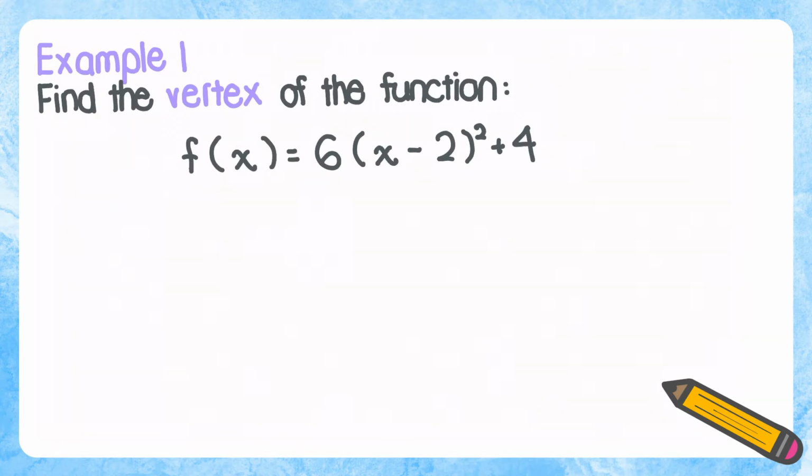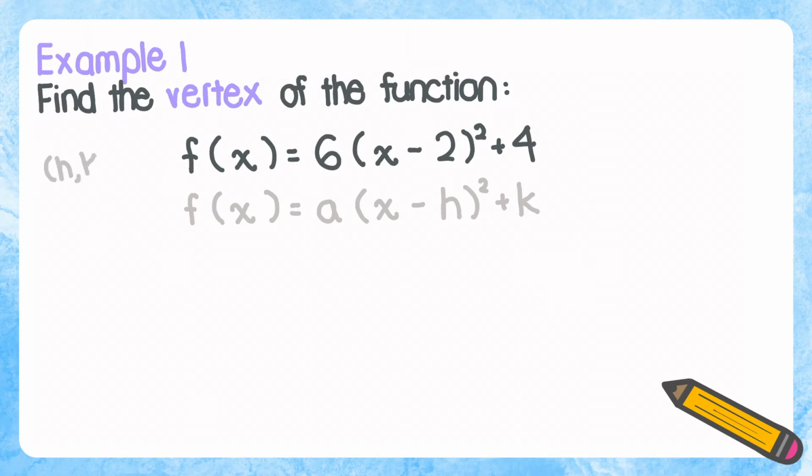For our first example, we will find the vertex of this function. f of x equals 6 times x minus 2 quantity squared plus 4. As usual, let's write the general vertex form. f of x equals a times x minus h quantity squared plus k. We have an exact match.